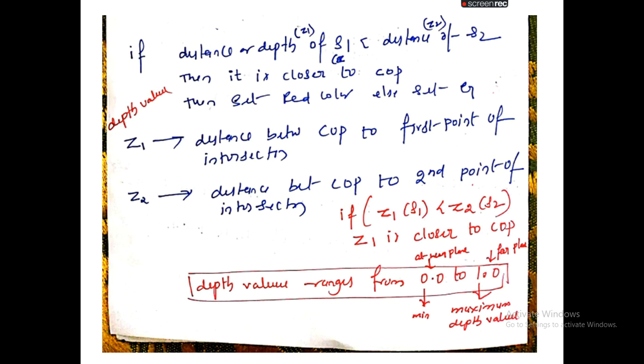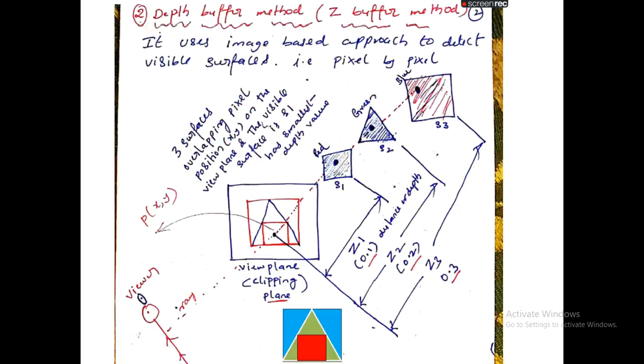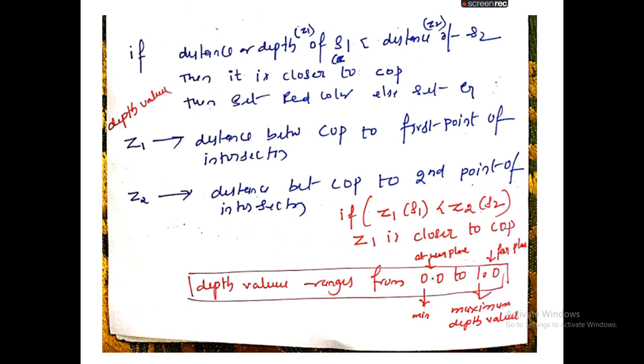Your depth value or z-axis value ranges from 0.0 to 1.0 only. See this slide: here I have written 0.1, 0.2, 0.3. These are all called depth values. The depth value or z value has to range from 0.0 to 1.0 in the case of the Z buffer algorithm.